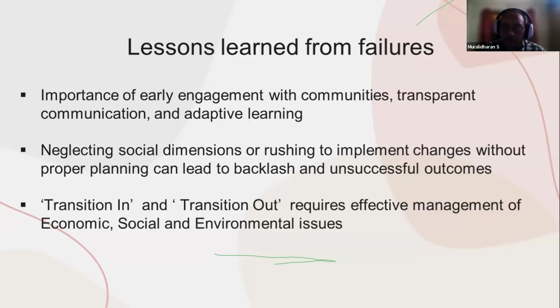Transition out means that fossil fuels are going to be out, the traditional jobs are going to be out, and the old way of working, whatever we have been doing over the years, is going to be gone, and will become defunct. So these have to be matched to see effective management of economic, social, and environmental issues. So this is what is being talked about.